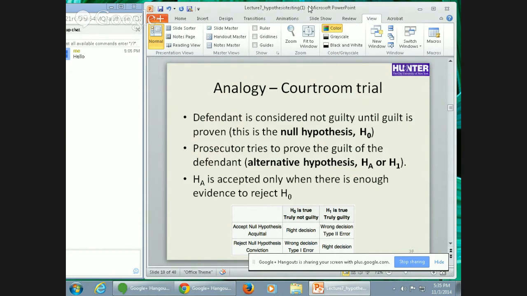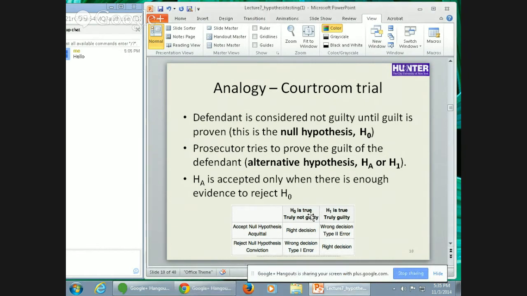So then the prosecutor tries to prove the guilt, the alternative hypothesis, and only if there is sufficient evidence to reject H0 as improbable, then we accept the alternative hypothesis, or guilt. So we have a couple ways that we might make the right or the wrong decision here.